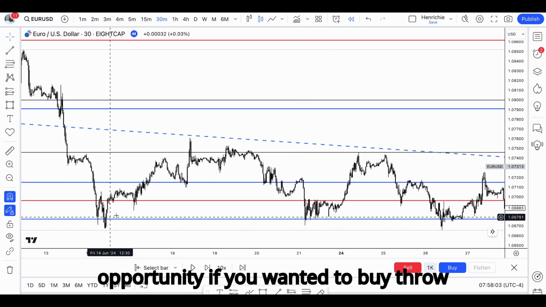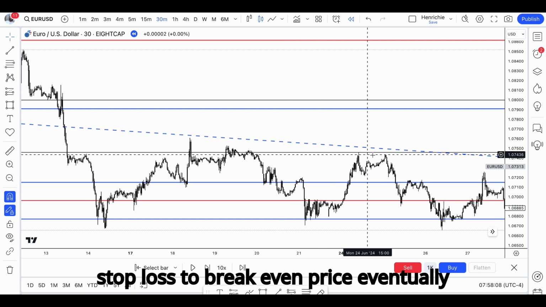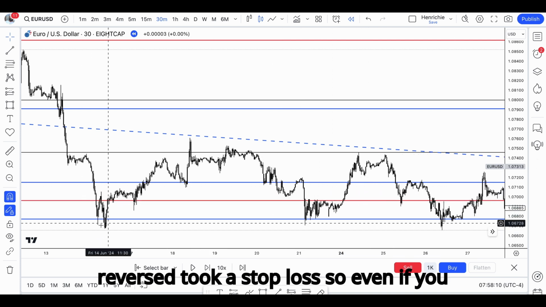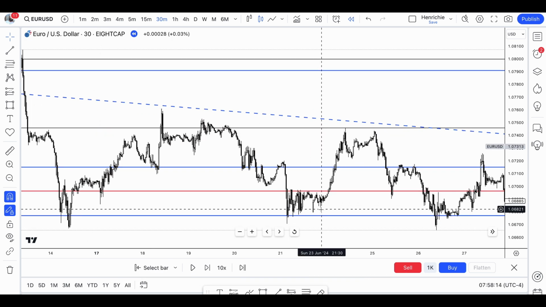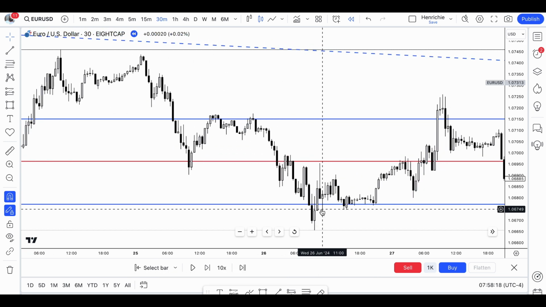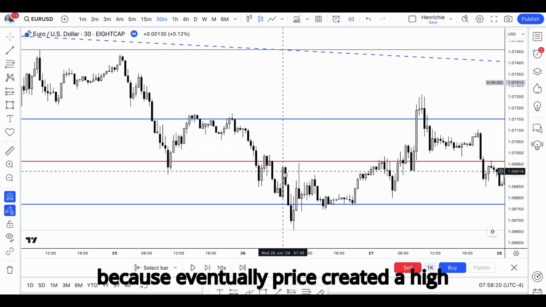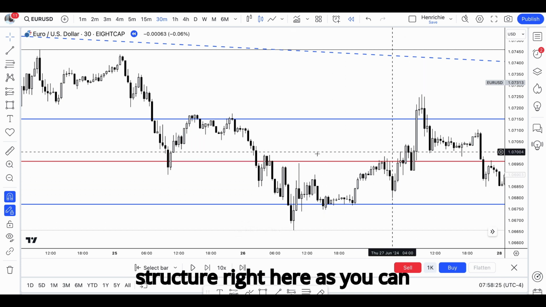So you would have used this opportunity, if you wanted to buy, to throw stop loss to break even. Price eventually reversed, took your stop loss. So even if you didn't break even, you would have taken a loss, which would have still been okay because eventually price created a high here, created a low, broke structure right here.